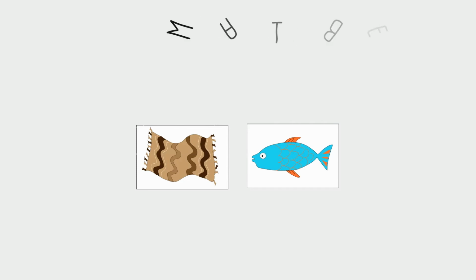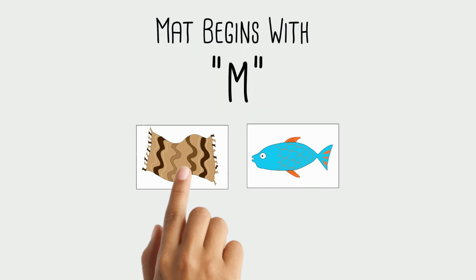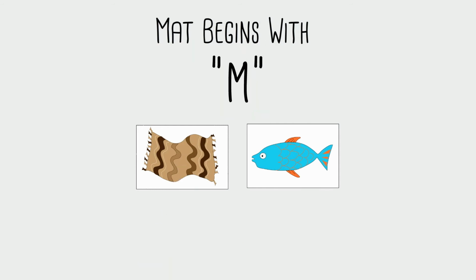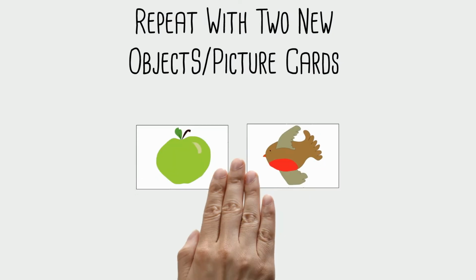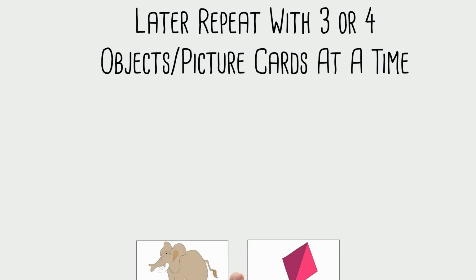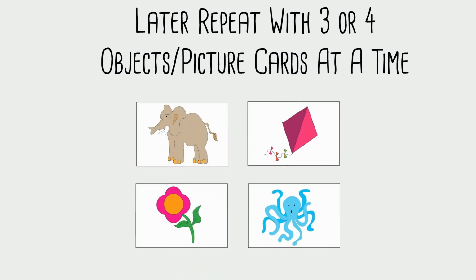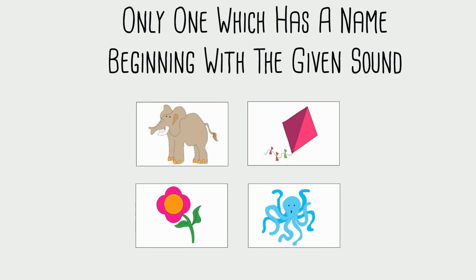For example, mat begins with M. Repeat this process with another pair of objects or picture cards. Later, repeat the process with 3 and then more objects or picture cards, only one of which has a name beginning with the given sound.